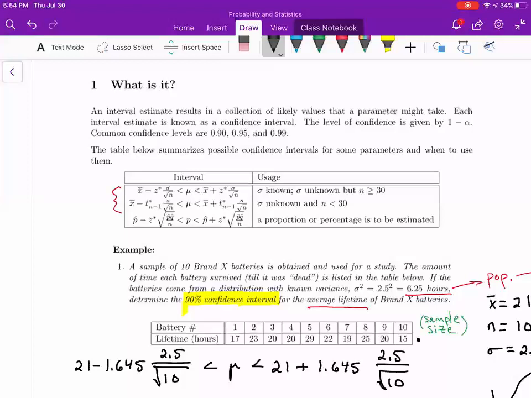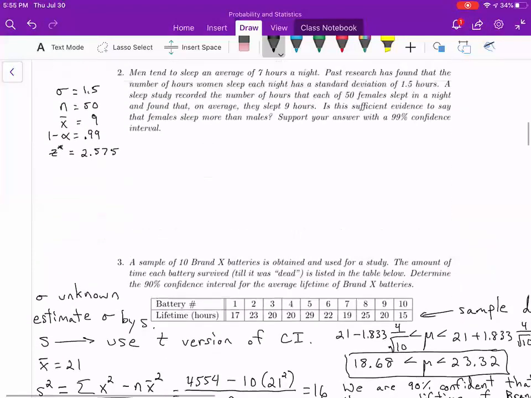It's just that you're going to get the larger value on the left and the smaller value on the right. Make sure that when you write your interval, you put the smaller one on the left and the bigger one on the right. So it really won't matter the sign you put on the critical value for a confidence interval. That's why I just make it positive at this point. Okay, thank you. You're welcome.